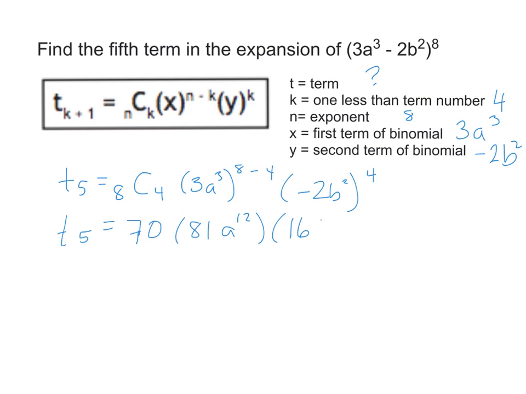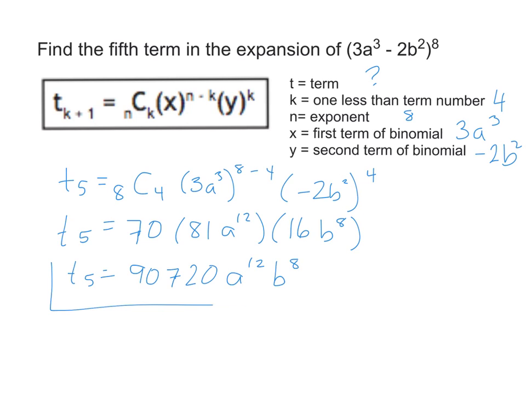B squared to the power of 4 is b to the power of 8. When we do all that multiplying, we end up with 90,720 a to the power of 12, b to the power of 8.